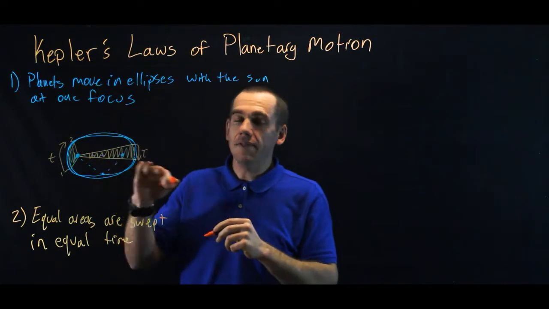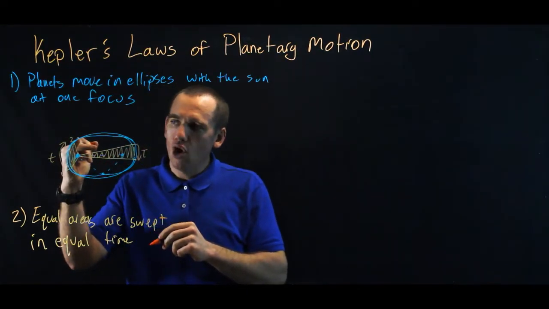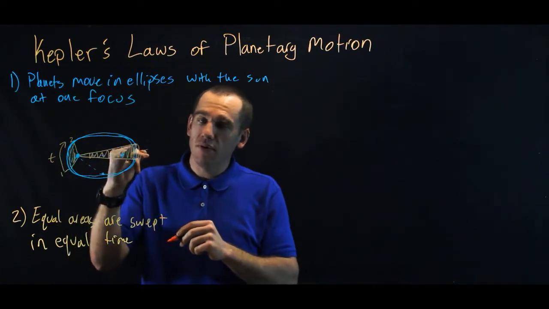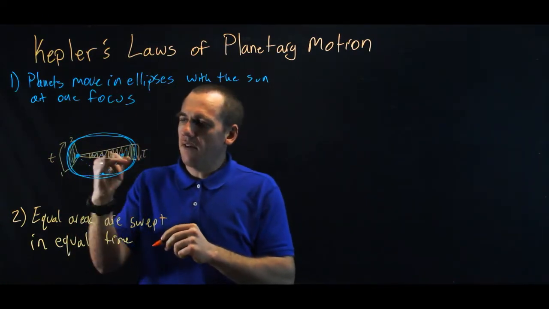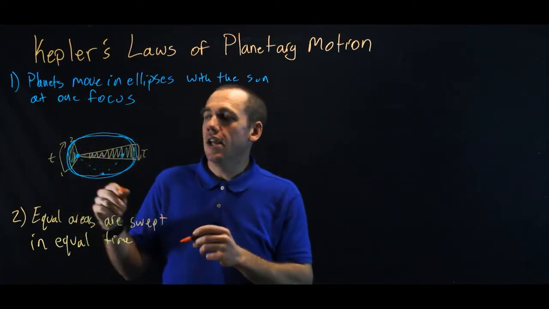What we can see from that is that the planet is moving faster when it's closer to the sun, and slower when it's farther from the sun. Kepler said this is what happens. He did not say why.